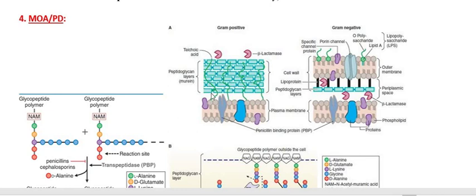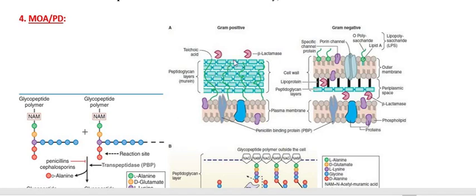So that means the gram-positive bacteria on which the penicillin is acting have peptidoglycan that is so thick.